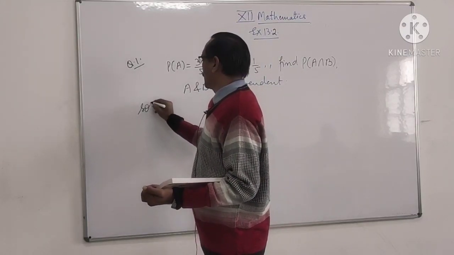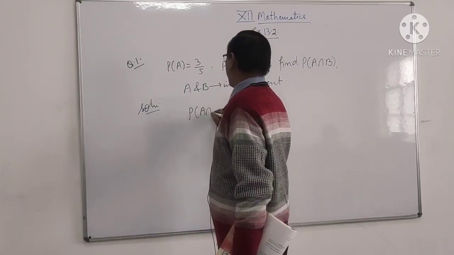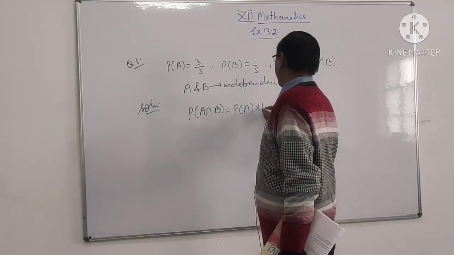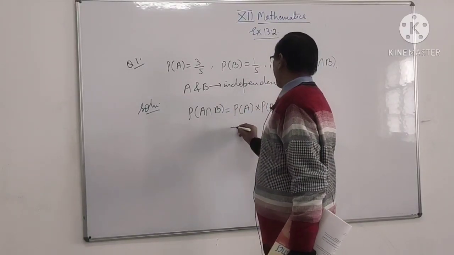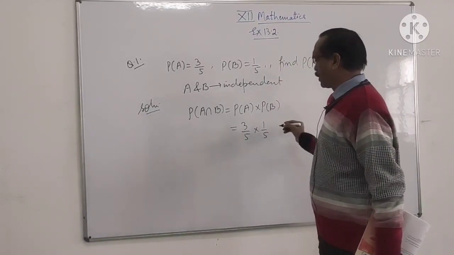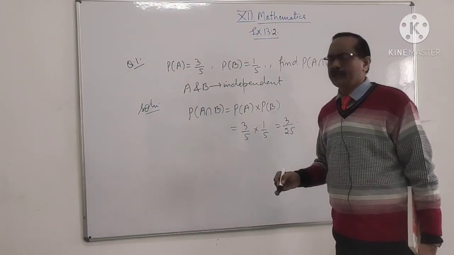So see the answer, it's a very simple question. P(A intersection B) is simply P(A) into P(B). Now P(A) is 3/5 and P(B) is 1/5, so the answer is 3/25.